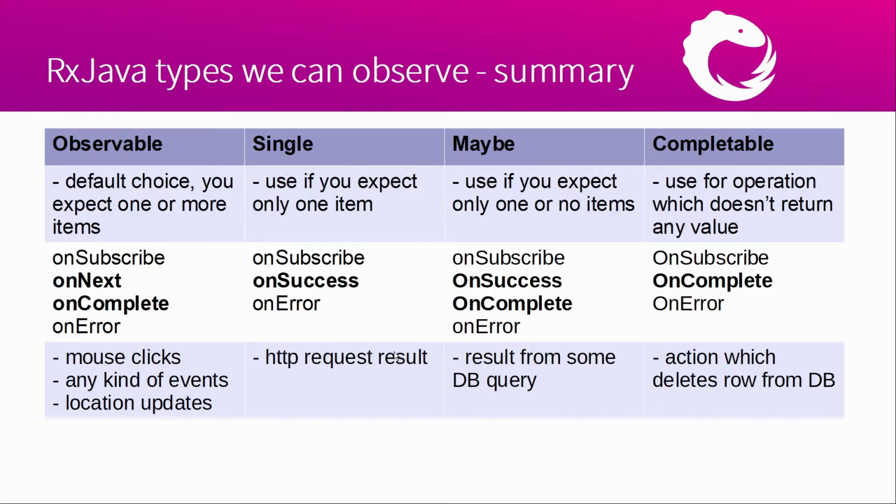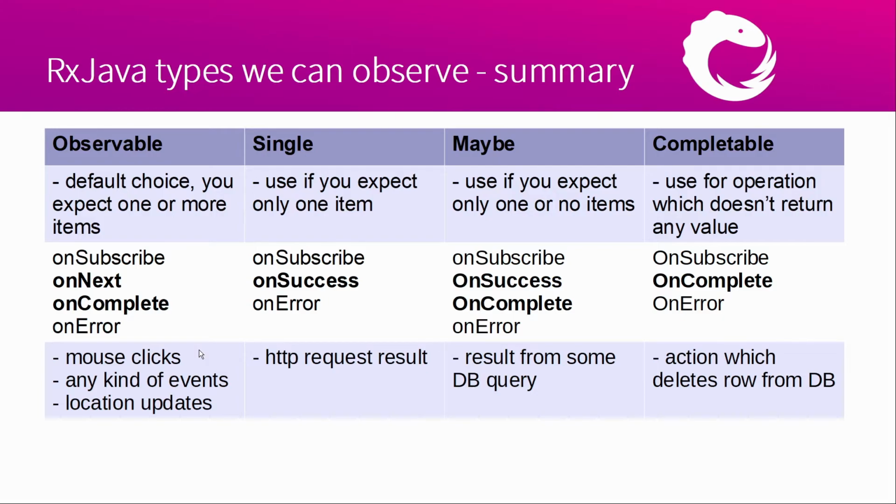Alright, so I prepared for you this fancy table which presents observable types we discussed so far. And let's start with summarizing observable type. Basically, if you don't know which one of these you should choose, you probably should go with the observable type. And you use that when you expect one or more items. The most used callbacks are onComplete and onNext. And here I'm also presenting some kind of examples.